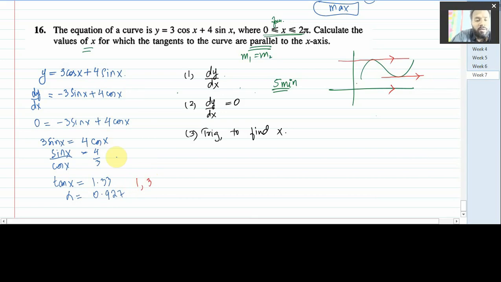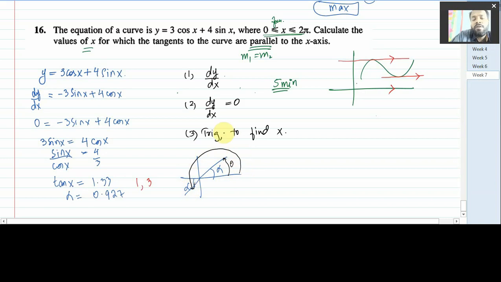The value of theta in the first quadrant is 0.927. If I draw a rough diagram here, that is my first quadrant alpha, and that is my third quadrant alpha. Theta is the angle starting from the x-axis, right? That is my first quadrant theta, and for the third quadrant it will be in this direction, right?